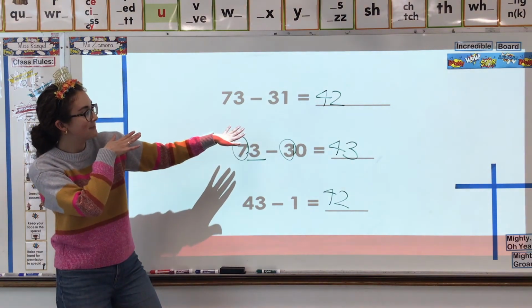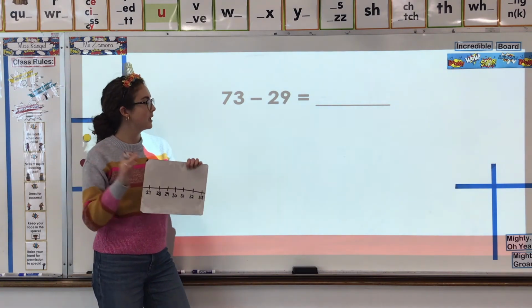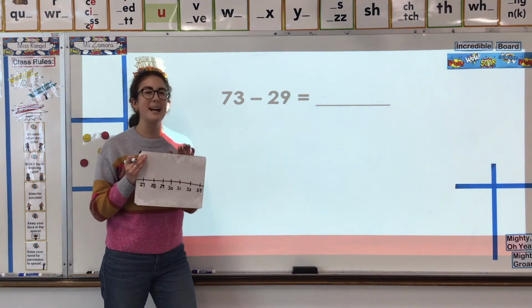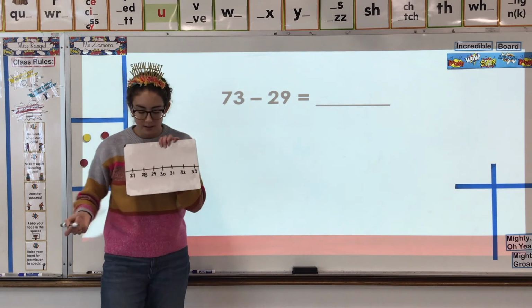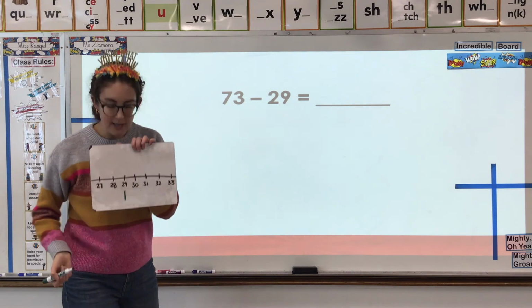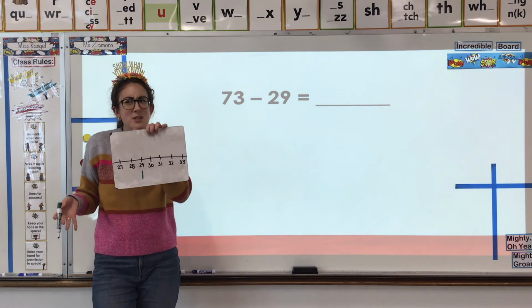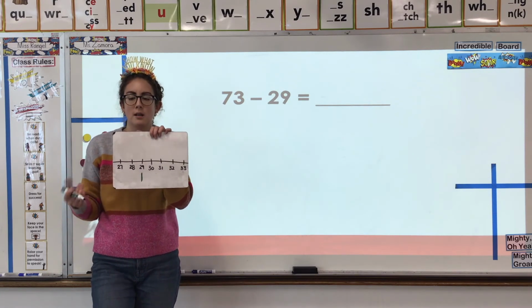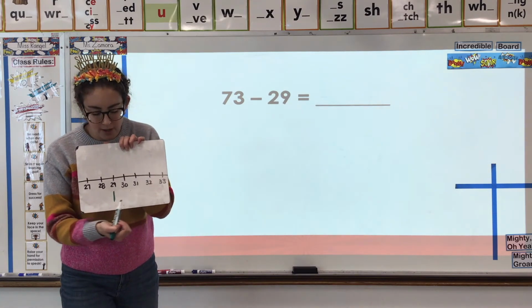Reset. And last but not least, 73 minus 29. Here's 29 on our number line. Subtracting 29 seems a little confusing. How can we make it simpler for ourselves?